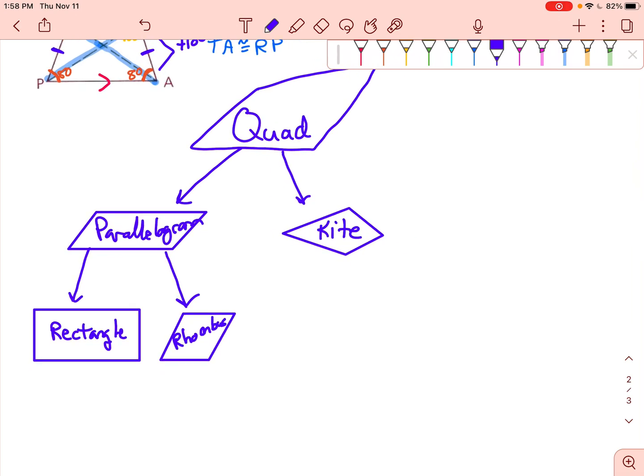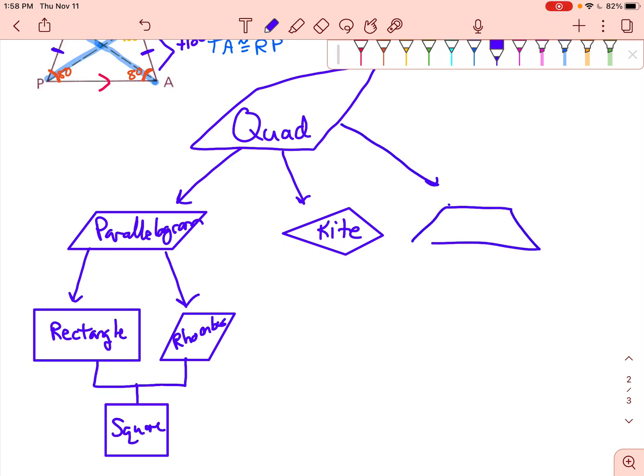Okay, and then if the rhombus and the rectangle get together, they form our square. Okay, and then we also have our isosceles trapezoid.